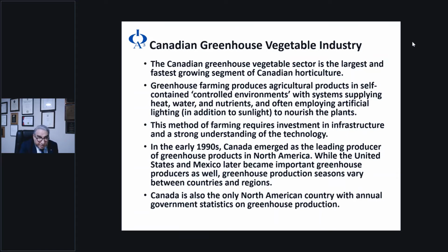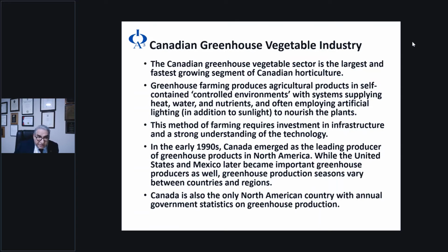This method of farming requires a good investment in infrastructure and the use of some advanced technology, and a good understanding, because if you don't understand how the advanced technology is used, you could have some problems in the operation. Back in the early 1990s, Canada emerged as one of the leading producers of greenhouse products in North America.